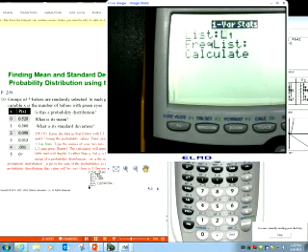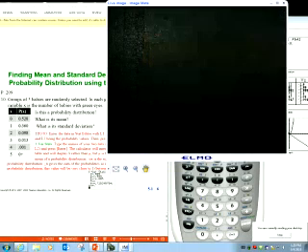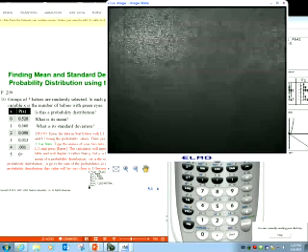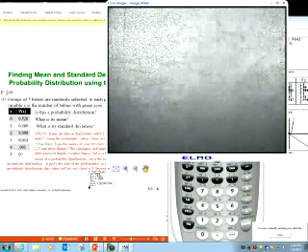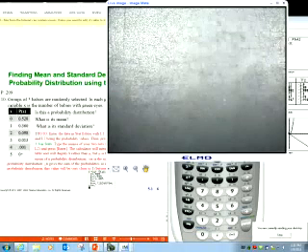So Miss Ashley, when I hand this back to you, just make sure you have list 1 here, list 2 there, and press calculate, and you'll get the same thing I do. That's going to happen several times this semester. It's just a different way of entering the information, but it works the same way.